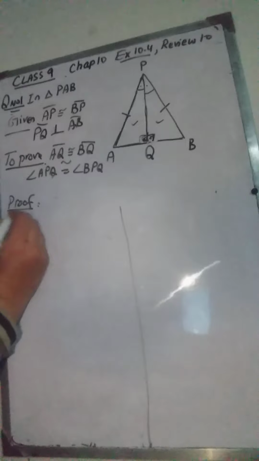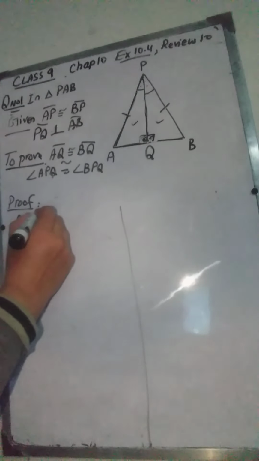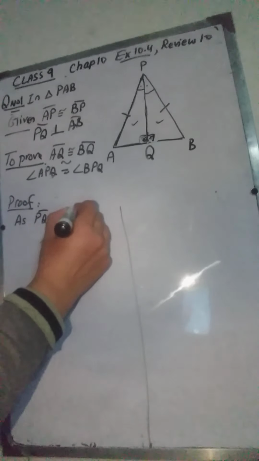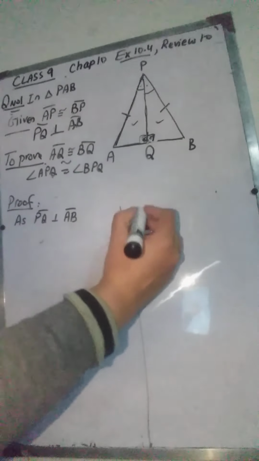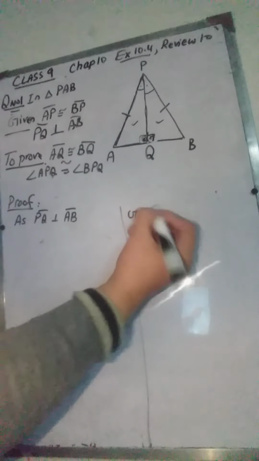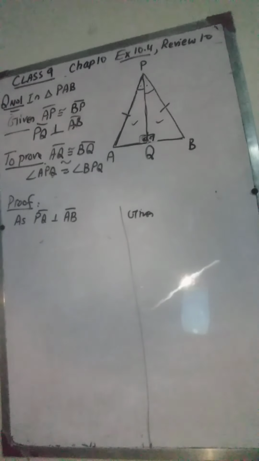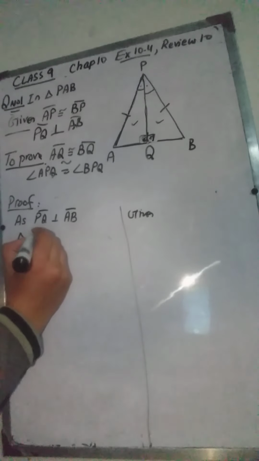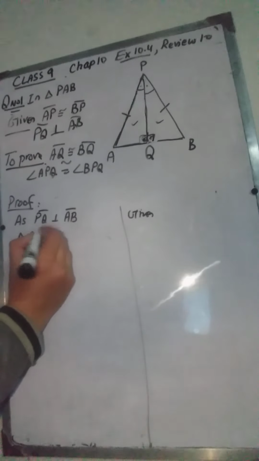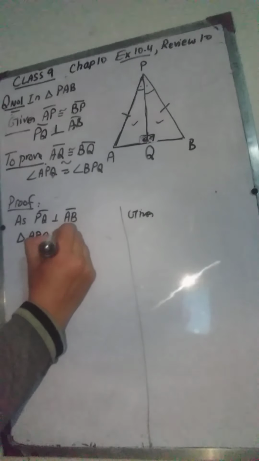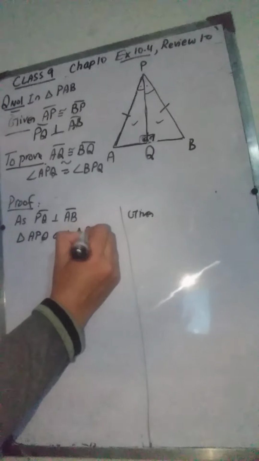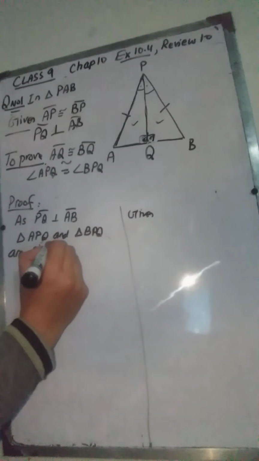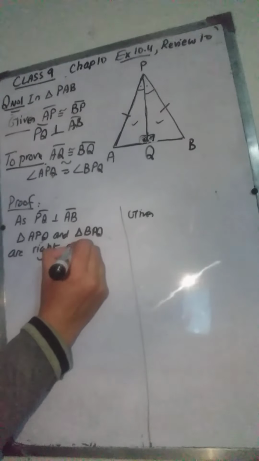Now, as PQ is perpendicular to AB, it is given to us, and from this we can say that triangle APQ and triangle BPQ are right triangles.